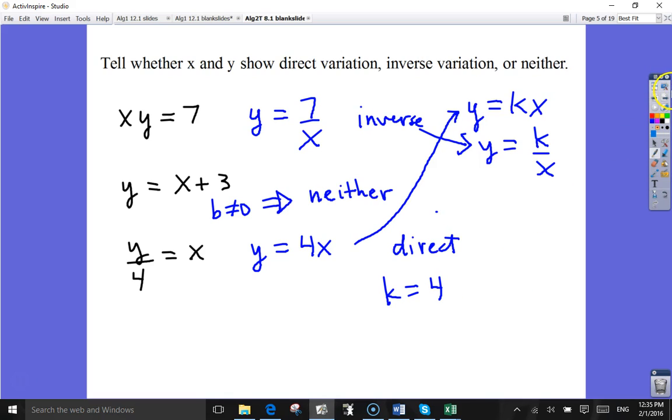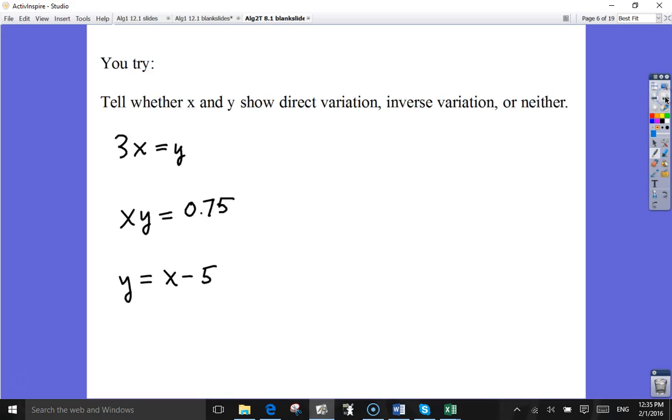Okay, you try this one. If it's direct or inverse, then say what is the value of k. What about the first one? Okay, this one, it's already solved for y. If it doesn't look like it, just switch sides. That's the symmetric property.